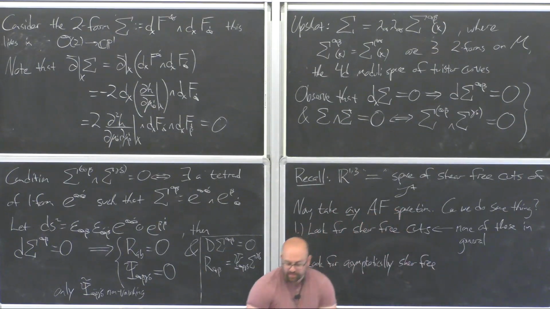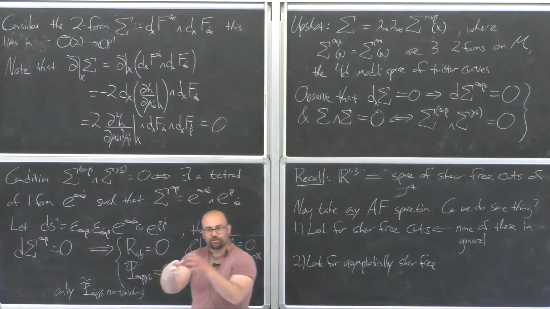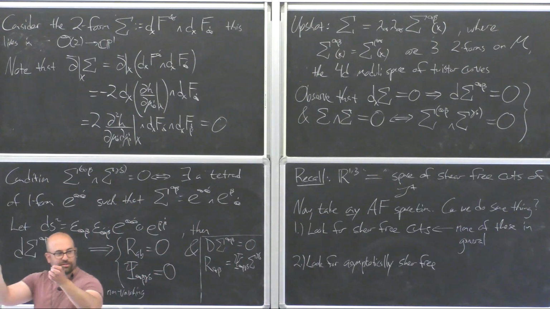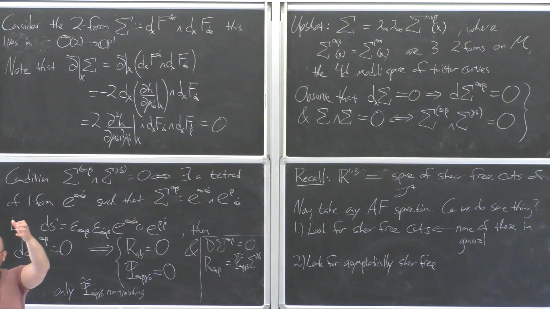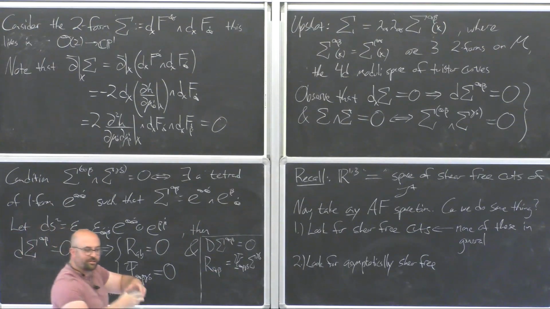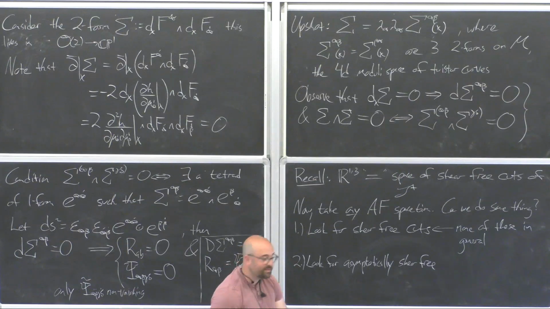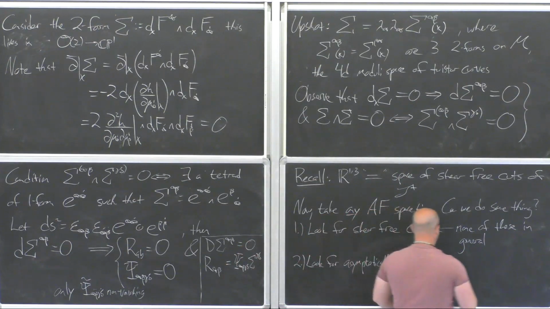So that is to say, your null geodesic congruence is doing all sorts of stretching as it whizzes around through spacetime, but by the time it gets out to Scri, it settles down, and when it intersects Scri, it's shear-free. Okay? Those can exist, at least in principle.